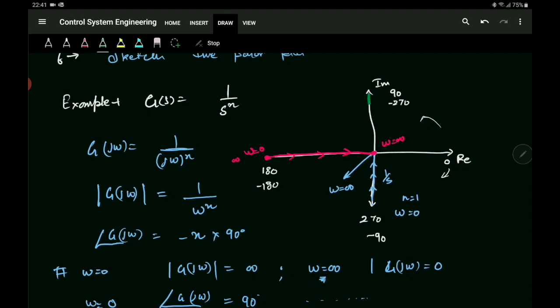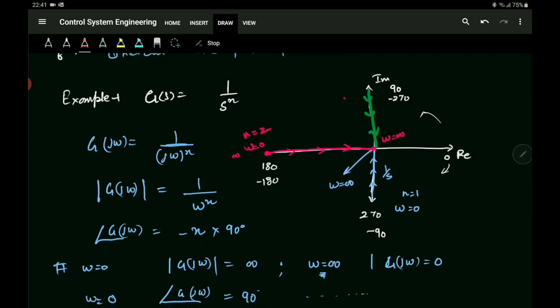So this is your plot for n equals 2. This is for n equals 3, and this is your 1 upon s cube.